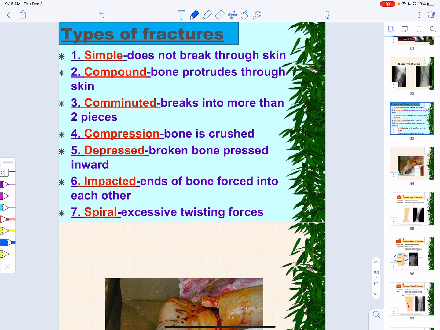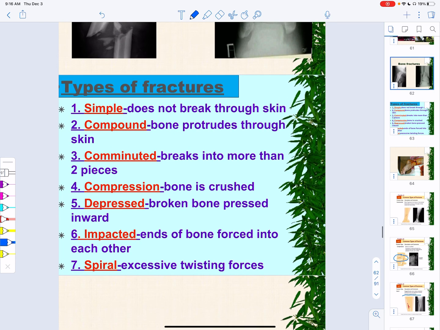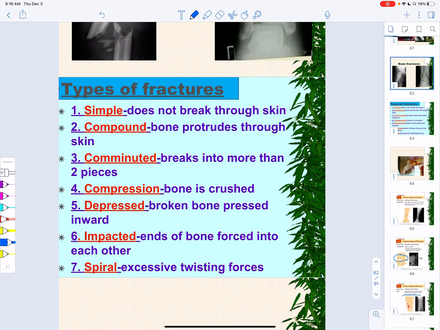A greenstick fracture can commonly occur in very young people, and that would be because their bones are soft. So we are going to go back and write number 8, greenstick. I need red. And I'm going to do greenstick.